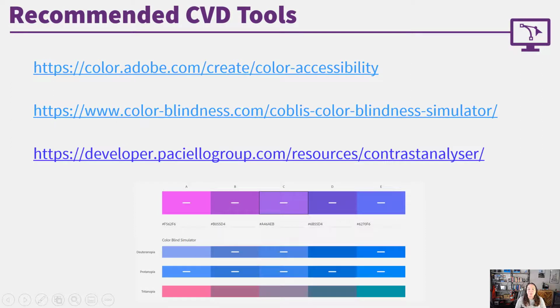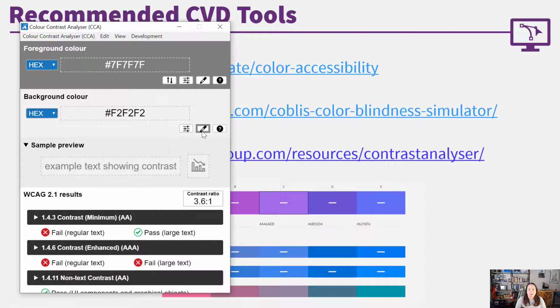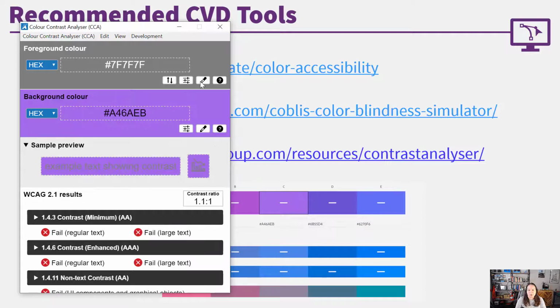And then that tool we saw earlier, the color contrast analyzer, also has some color vision deficiency features built in. So if I sample, let's do purple and blue, we get our normal color contrast.